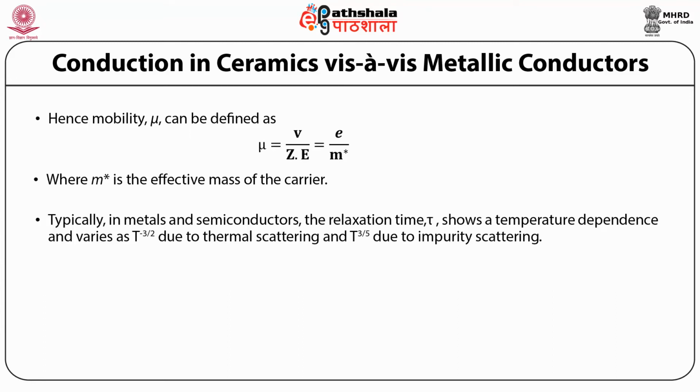So the acceleration term m dv/dt plus mv/tau, that is damping, is equal to ZeE, which is the force. Where m is the mass of the carrier, v is the velocity and tau is the relaxation time. Under steady state conditions, that is when carrier motion reaches a steady state, then dv/dt is equal to 0.